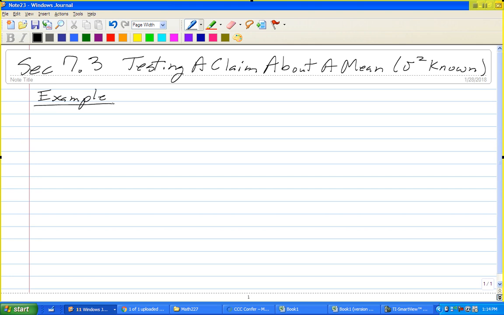So I'm given the following hypothesis test. The null hypothesis is that the population mean is 4.8.